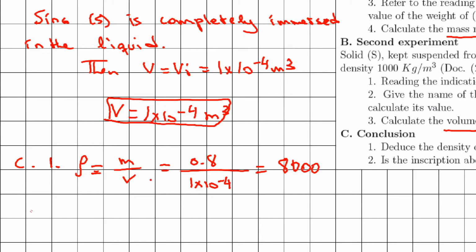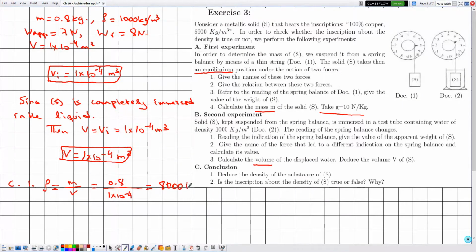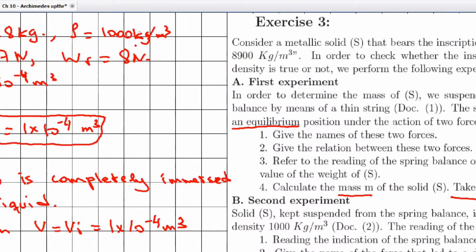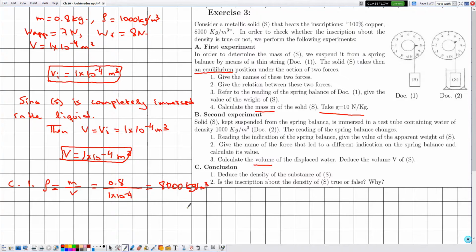Since both the mass and the volume are in the SI, the unit of rho will be in the SI, which is kilogram per meter cube, the same as for water. All densities have the same unit, which is kilogram per meter cube. So the density of the solid S, let's denote it by rho S, is given by 8,000 kilogram per meter cube.